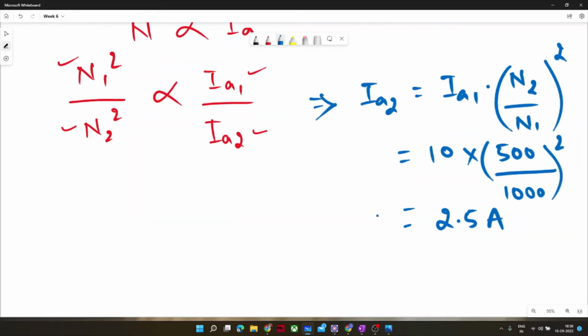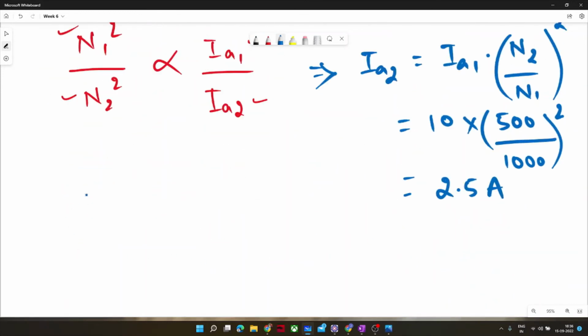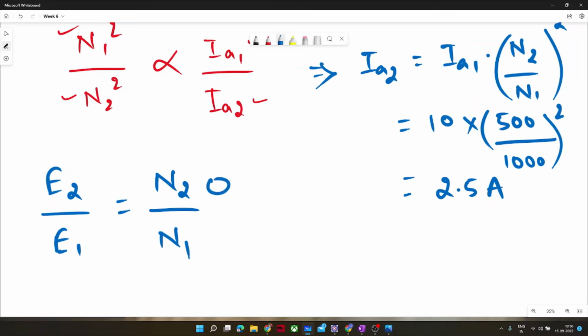Ia2 we calculated. Now we need to calculate back EMF. E2 by E1 would be equal to N2 by N1. We are again ignoring flux since it is rated, so it will be constant. Even if you take phi 2 by phi 1, it is the same, so it will cross out.